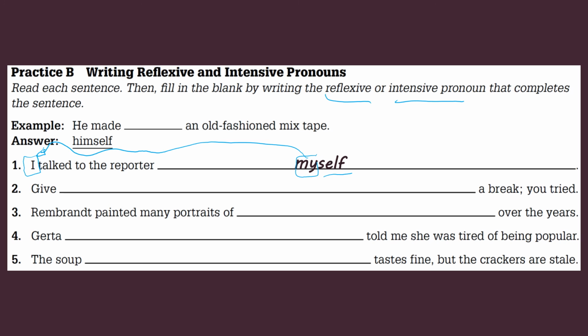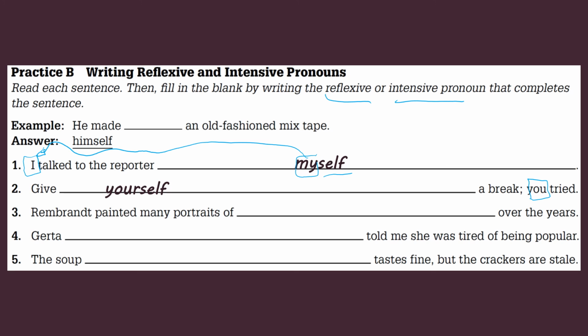Number 2, give a break, you tried. So this is the pronoun that helps me know what the answer should look like. In this case, give yourself, because we have you. Give yourself a break, you tried. Always try to find the pronoun in order to know what answer you should write.